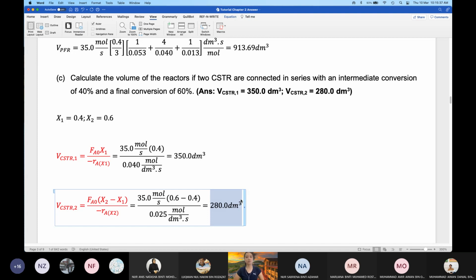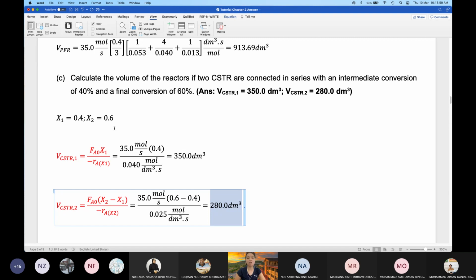So soalan ni taklah susah, tetapi of course if you forget the equation why it become X2 minus X1, kamu lupa part tu, kamu just letak X2, which is normally what student do. Student akan letak FA0 X2. Yang tu biasanya student akan buat. So tu yang menyebabkan dia salah. Kalau reaktor kedua mesti X2 minus X1.